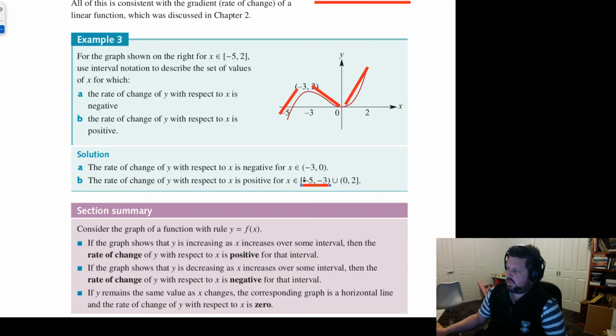Again, we're using a square bracket here because we're including -5 on this particular end, because of the way the graph is described here. Union, so it's saying between -5 and -3 and between 0 and 2. Notice again, this 0 is not included, but the 2 on the end is for that interval.